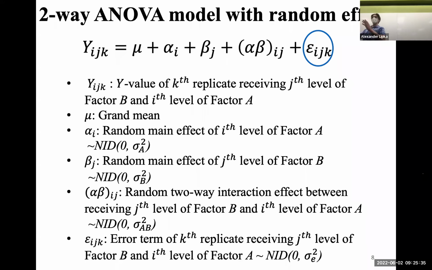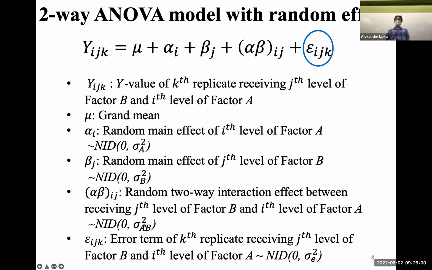So I would say that it's not that you don't care about your particular levels in your experiment. You're just going to go beyond those 3 levels. They are still going to be important because they're going to help you estimate these variance components over here, these sigma square A, sigma square B, and sigma square AB.